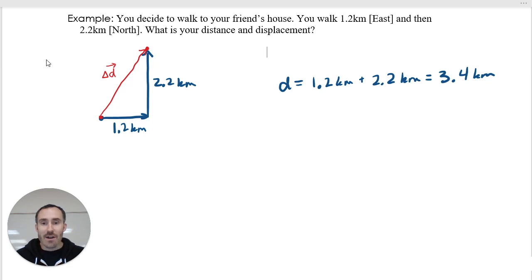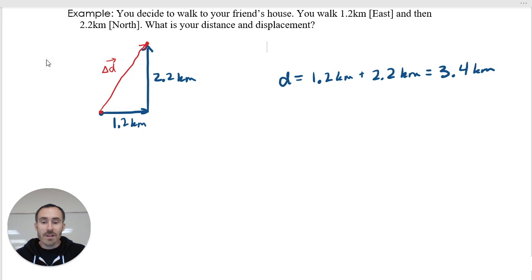So how would you figure that out? I think that you would remember if you went back to the components section, right? So this is figuring out the hypotenuse when you have the opposite and adjacent sides, or when you have the other two legs, and that would be using Pythagorean theorem. So the displacement, if we're doing a squared plus b squared equals c squared, this would be c. This displacement here would be the c part. So c squared equals a squared plus b squared, but I'm just going to square root it right away.